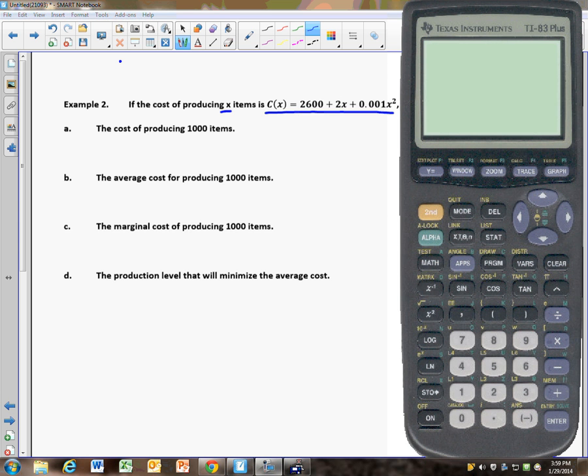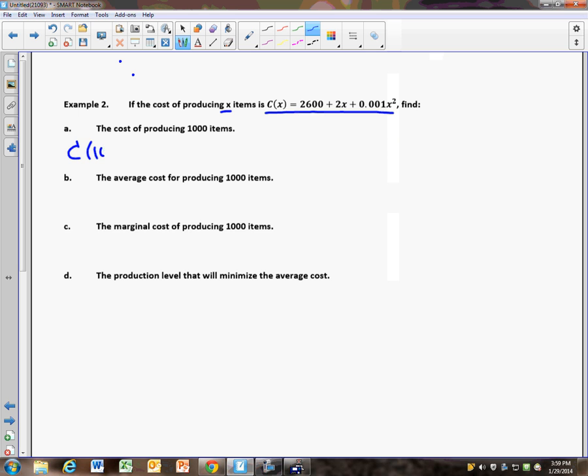All right, cost of producing 1,000 items. So we're going to plug in 1,000. The cost of producing 1,000 items is equal to 2,600 plus 2 times 1,000 plus 0.001 times 1,000 squared.